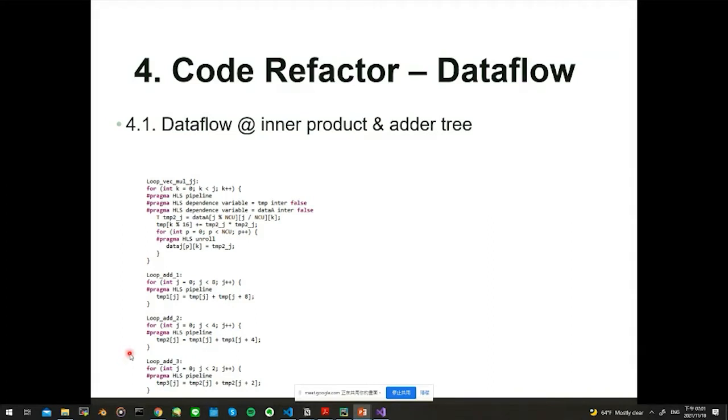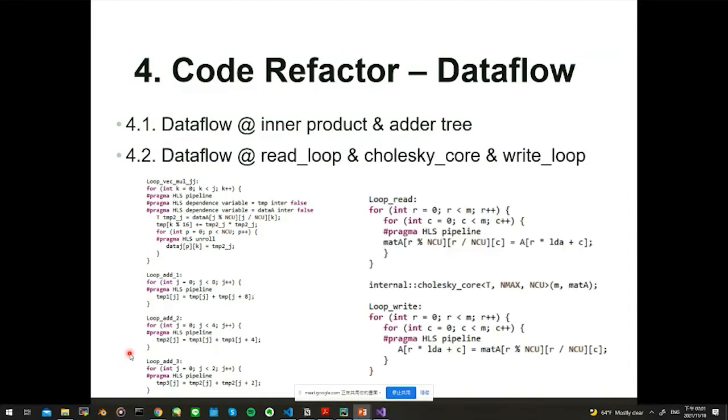However, they are not so useful, as we can see later. Another data flow we can apply might be the read, kernel, and write parts. We can inline the Cholesky kernel core, and it looks like three loops in parallel.